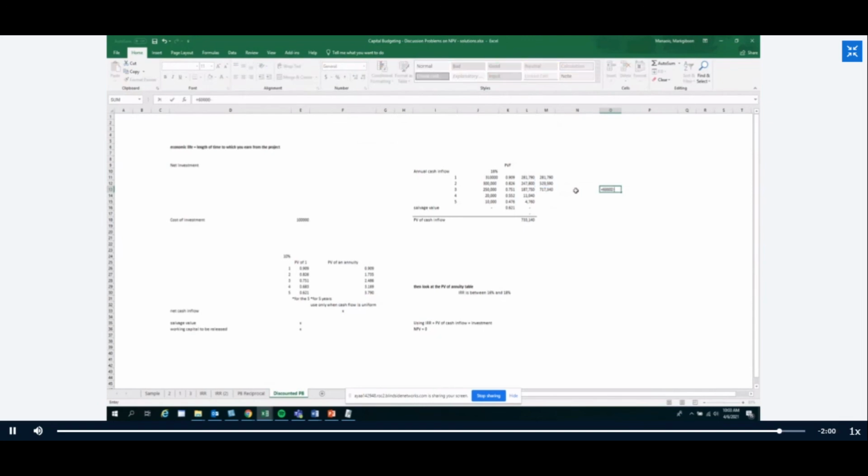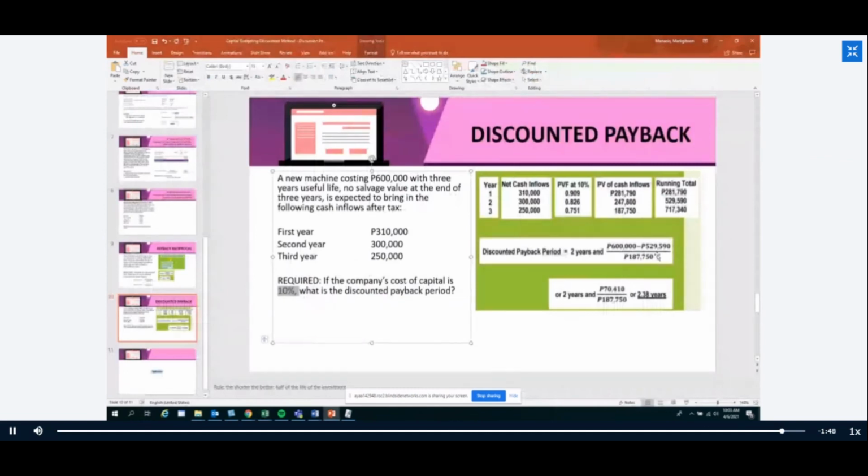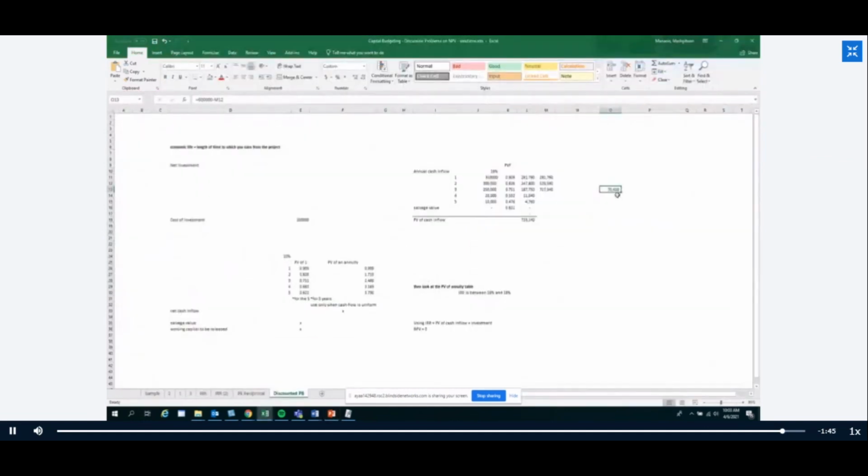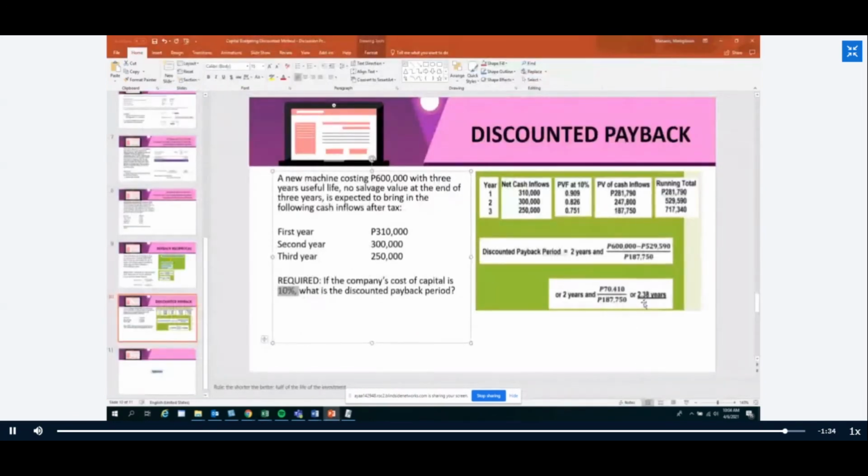Pero nakaka 529,000 ka na at year 2, no? So meron ka lang kailangang i-recover na 70,410. So sa 70,410, magkano niyan yung para sa year 3? So 70,410 over 187,750. So that's 0.38. So that's 2.38. Okay? So, well, that ends our discussion on capital budgeting.